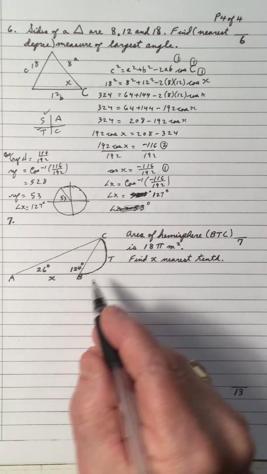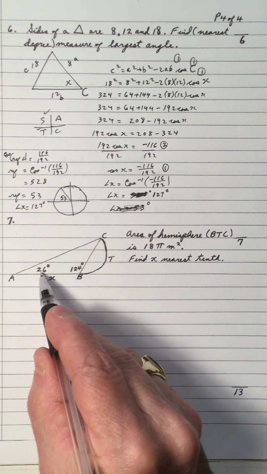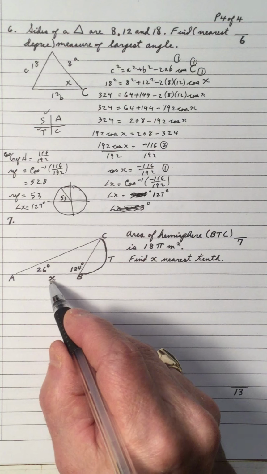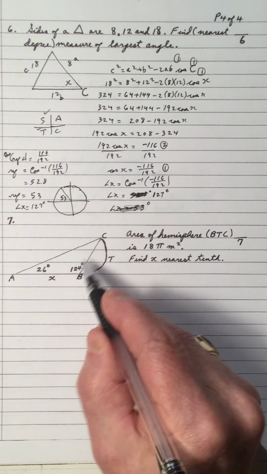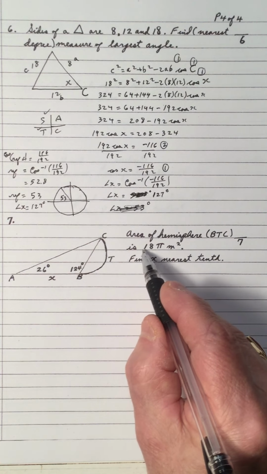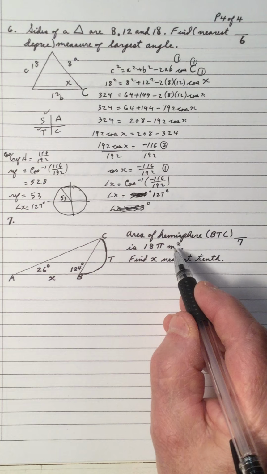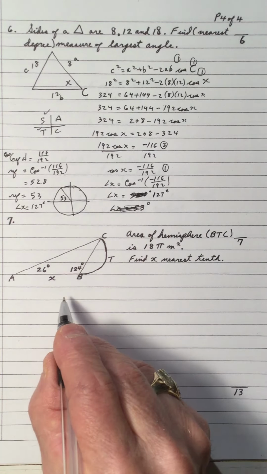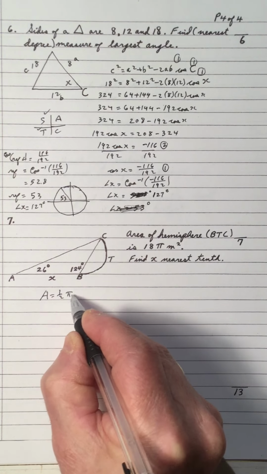Okay. And number 7, we have a diagram here. 26-degree angle, 24-degree angle, and we want to find what x is. And it says the area of the hemisphere BTC is 18 pi square meters. So we can say that's a hemisphere. The area of a hemisphere is half the area of a circle.